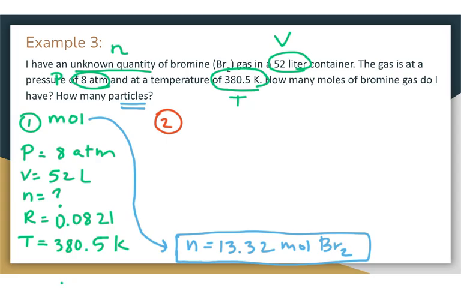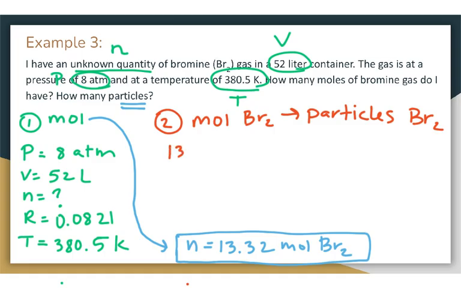Now that second part, looking for how many particles. So to find the number of particles, I'm going to take my moles of bromine to particles of bromine. And again, you can reference your stoichiometry chart. I have 13.32 moles.